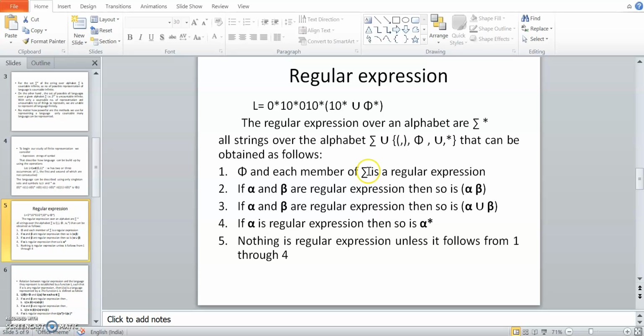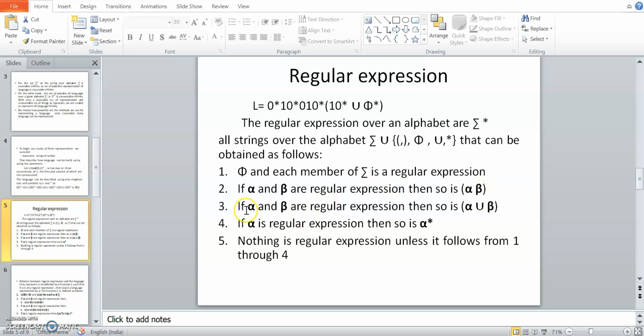The language which doesn't contain any element, an empty set, is also one of the languages, and it can also be represented with the help of a regular expression. If alpha and beta are both regular expressions, then so is alpha concatenated with beta.